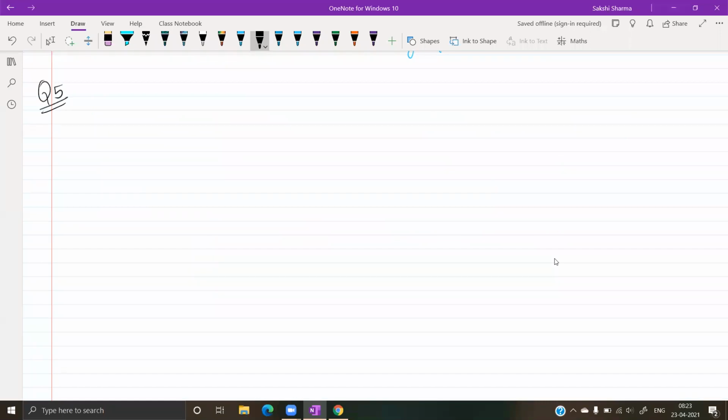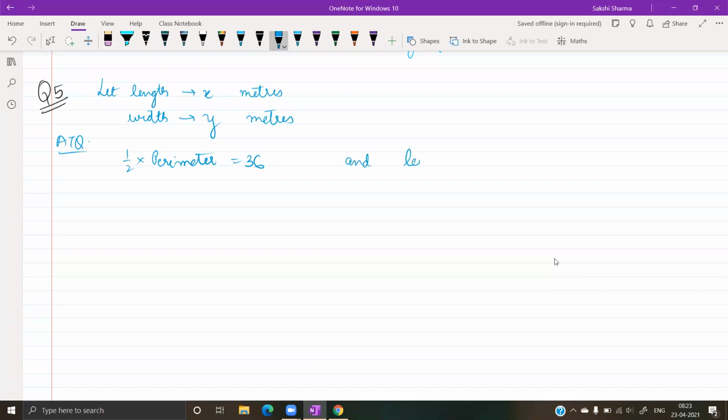Question number 5. Let the length be x, the units are meters here. This is the first relation, and the second one is that the length is 4 meters more than the width.